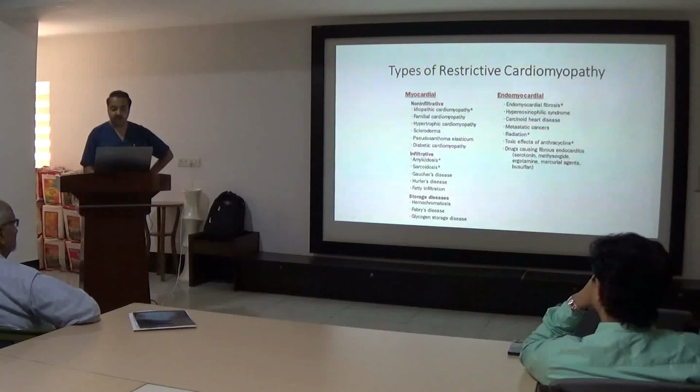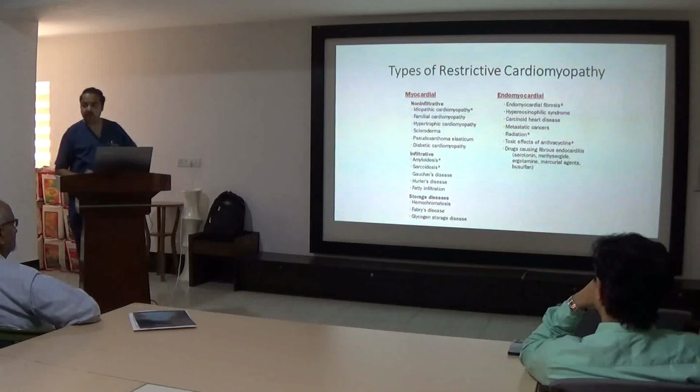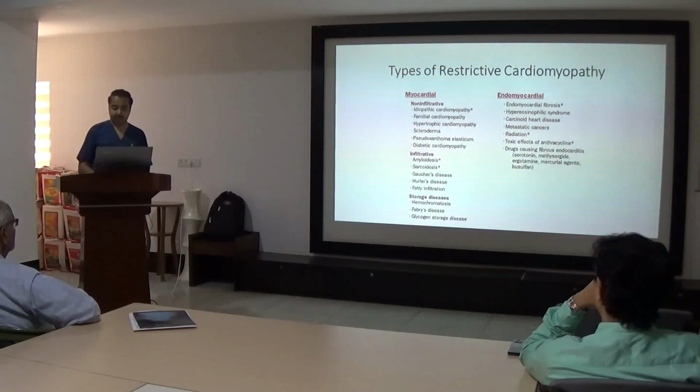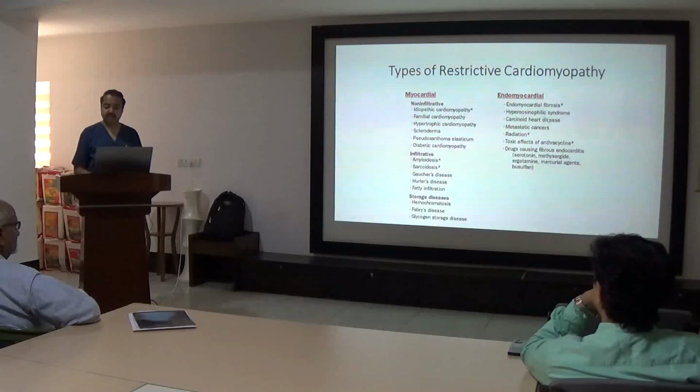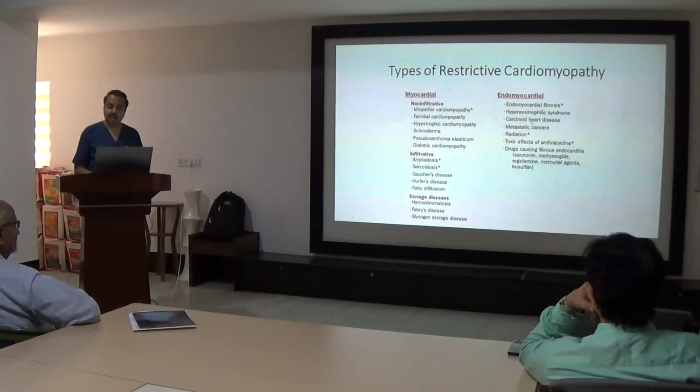Then infiltrative disorders like amyloidosis, which is very common, sarcoidosis, fatty infiltration, even developing metabolic syndrome. Metabolic syndrome is also one of the causes of the restrictive kind of pattern. Storage disorders like hemochromatosis, Fabry's disease, not very commonly seen. Endomyocardial fibrosis, hypereosinophilic syndrome, carcinoid heart disease, not very common in our region as such. Radiation and toxic effects are also there.